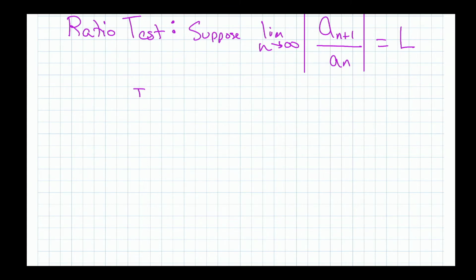If L is less than 1, then the series from 1 to infinity of a n is absolutely convergent. You can just read that as convergent if you want. You don't need to worry about the absolute part, though it is absolute because of the absolute values in the formula.